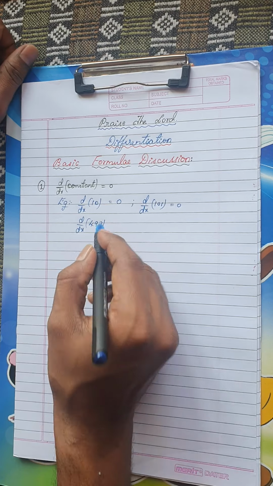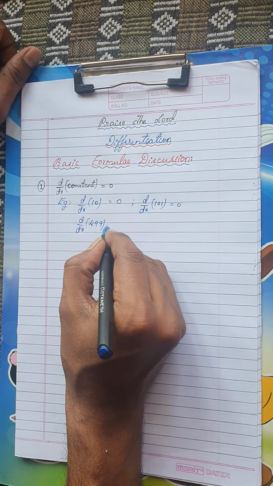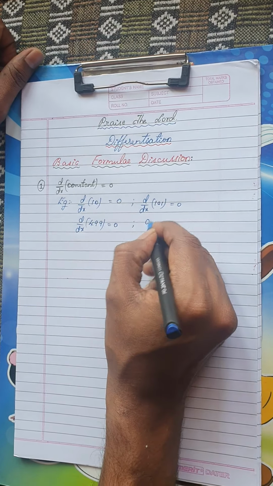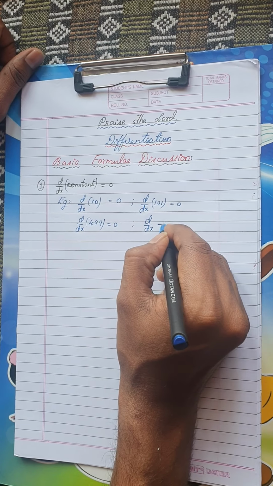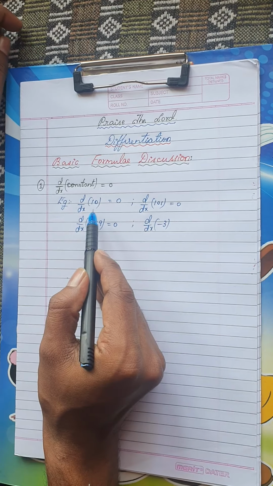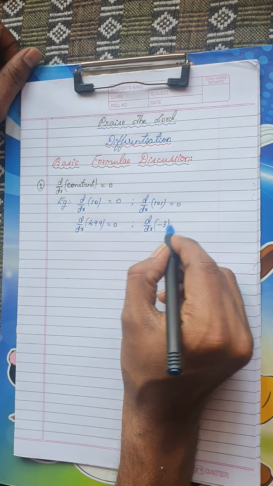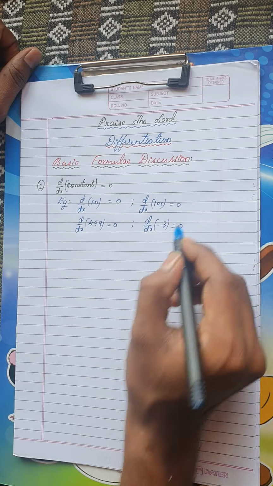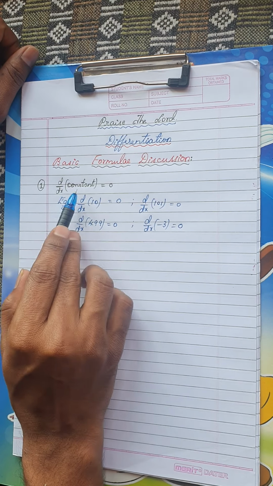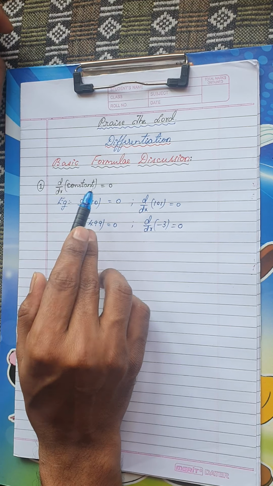I told you it's just a number which is independent of x, so this is equal to 0. Now you can think of the derivative of minus 3. You need not always have a positive value, you can have a negative value, still the derivative of a constant term is 0. So always remember, the derivative of a constant term is 0.